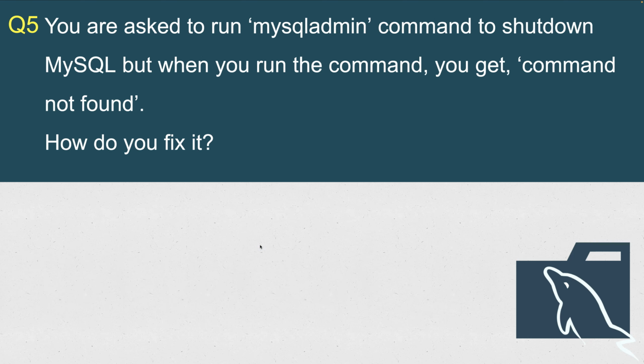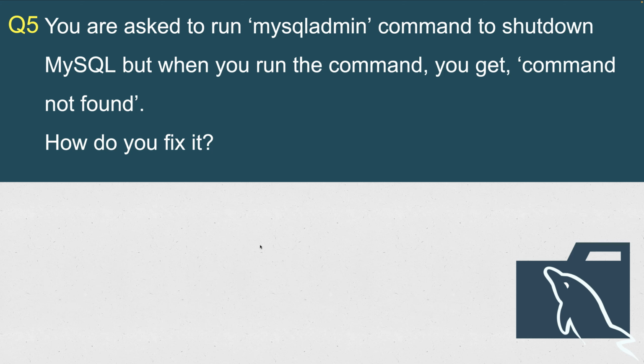Okay. The next question. You are asked to run the mysqladmin utility command to shut down MySQL, but when you run the command, you get command not found. How do you fix it? You know MySQL is running on the system, and mysqladmin is the utility used by DBAs to quickly shut down MySQL.